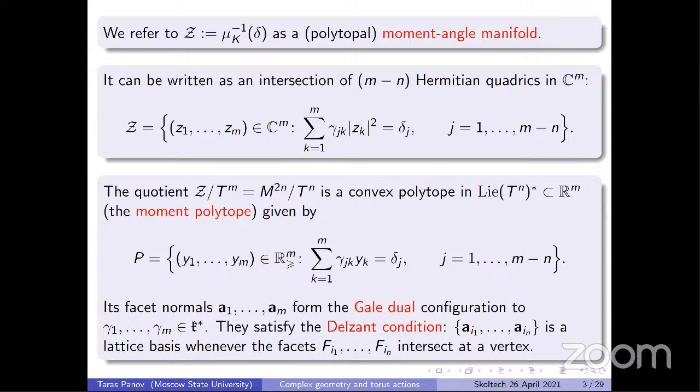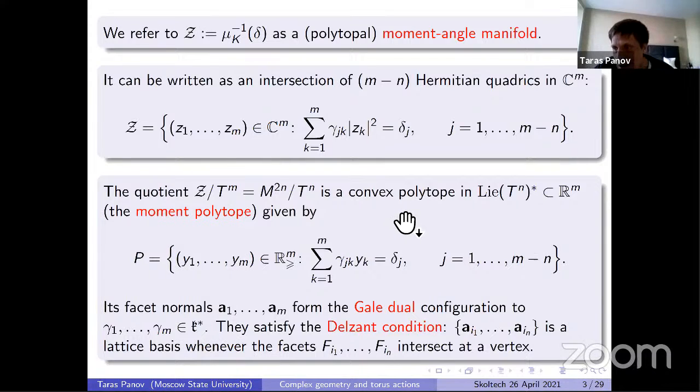Are they rational or what? Well, from the motivations, there are restrictions. There must be a lattice, yeah, rational. But you can define this manifold without any restriction. It won't have any meaning from the symplectic construction, but at least it has some generalized meaning. If you define it from a torus, then those are rational, yes. But you can define it abstractly. This is what I'm going to do soon, without any restrictions on those gammas.